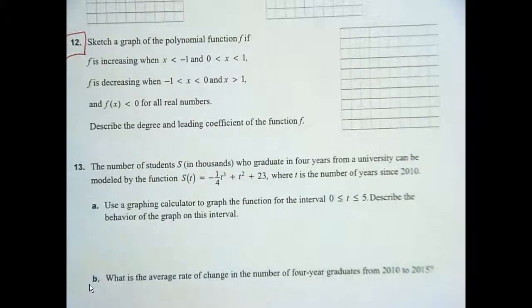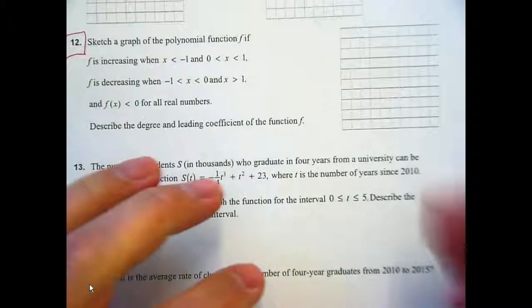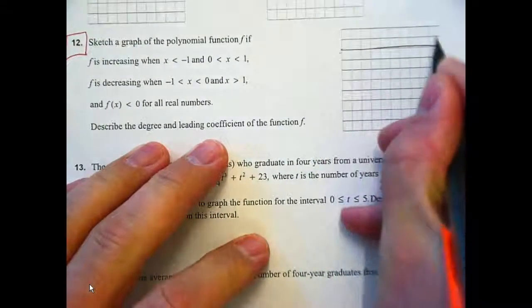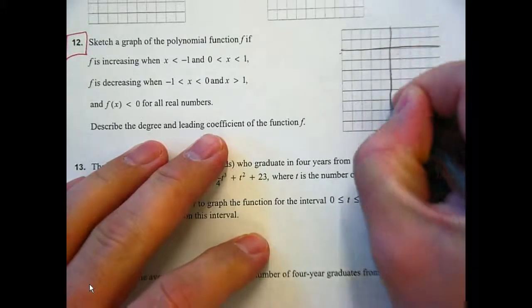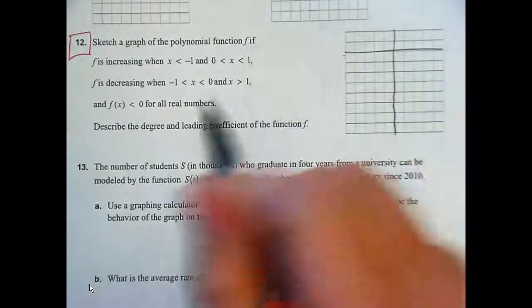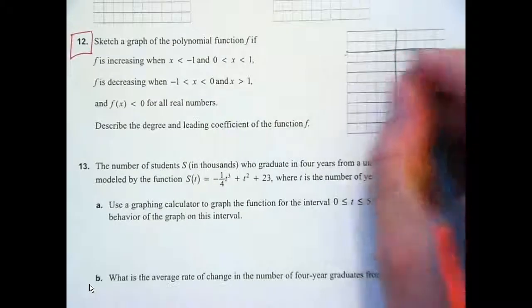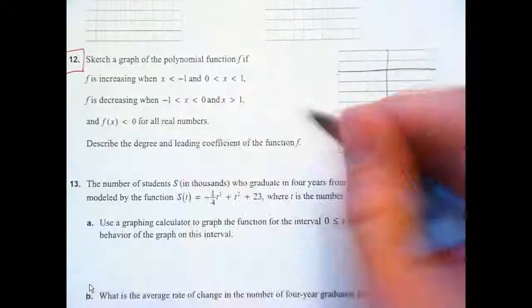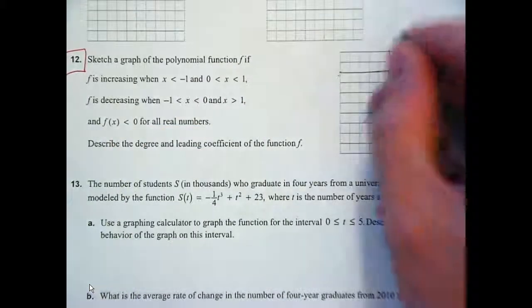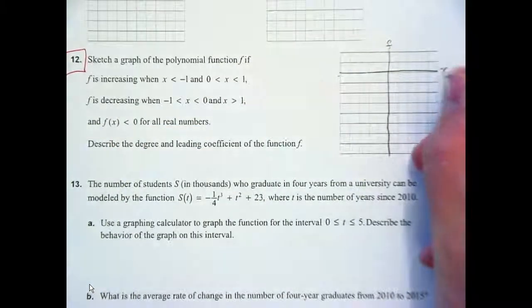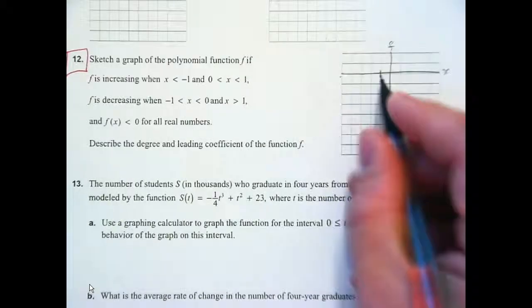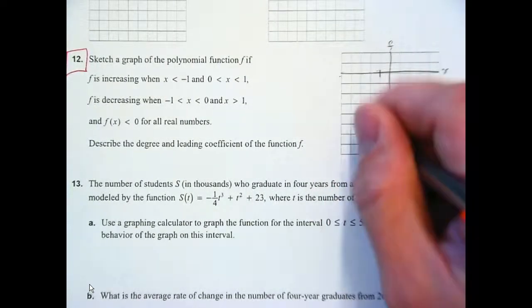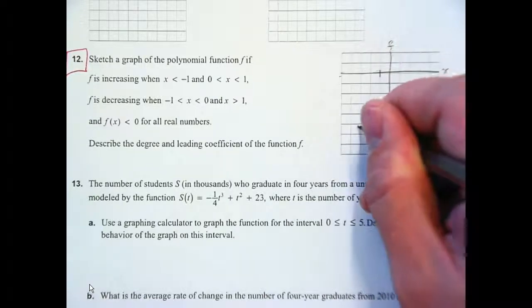Here we go. So, first thing you need to do is actually draw an XY axis. Okay, and if we identify the x-axis going up by units, we say as x is less than -1, f is increasing. So this is f. This is our x-axis. So as x is less than -1, so that's to the left of that point, f is increasing.